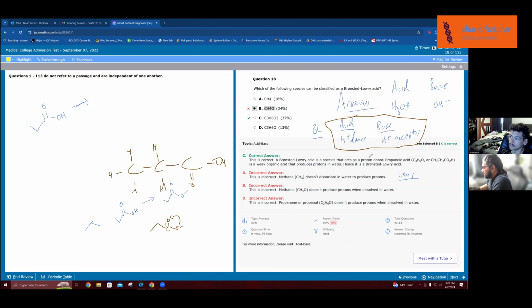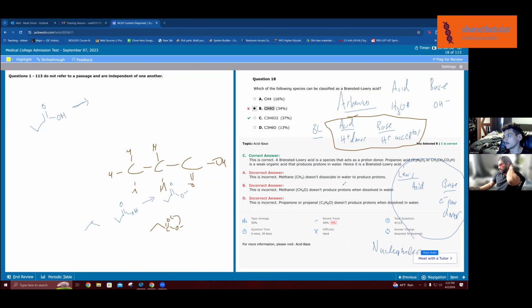There's also the Lewis definition, where the base is an electron pair donor and the acid is the electron pair acceptor. But this definition is more for nucleophiles and electrophiles.